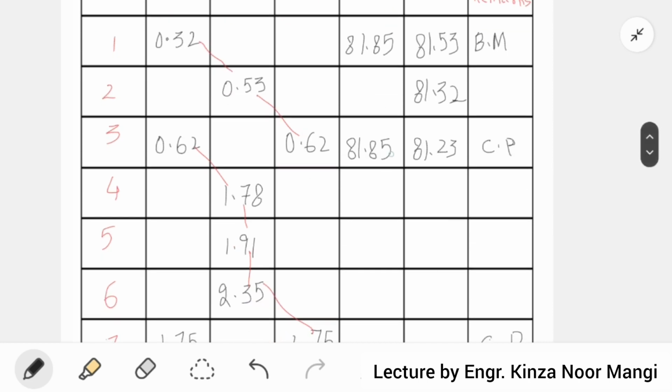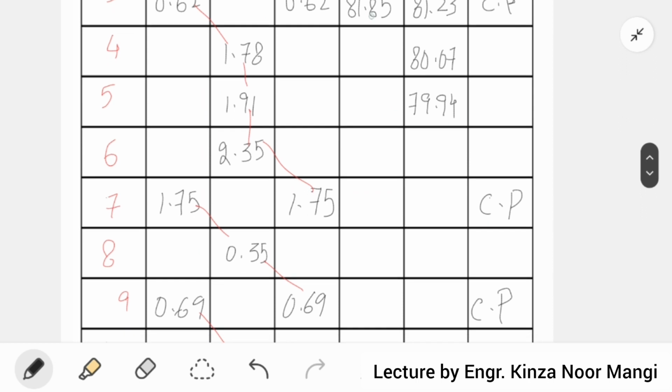Now from the height of instrument we subtract 1.78, then we get 80.07. Then 81.85 minus 1.91 we get 79.94. Then 81.85 minus 2.35 we get 79.5. Then 81.85 minus 1.75 we get 80.1.